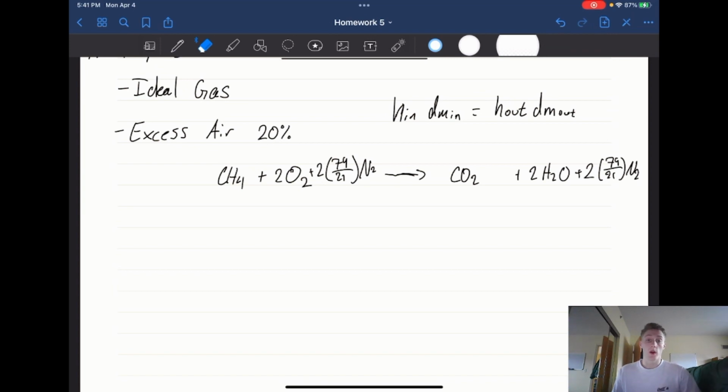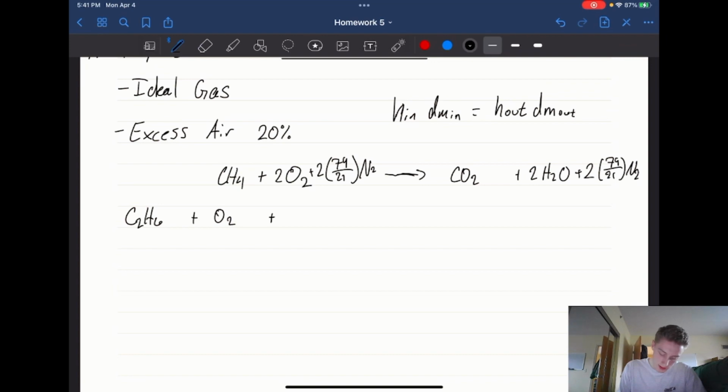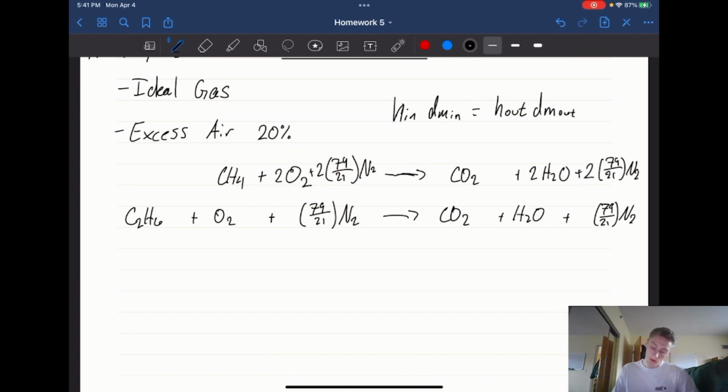So then for our ethane, we'll have C2H6 plus O2 plus, let's just write it out, 79 over 21 N2 yields, again, CO2 plus H2O plus 79 over 21 N2.